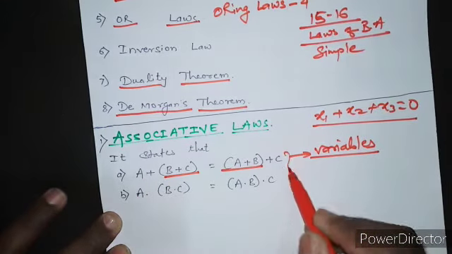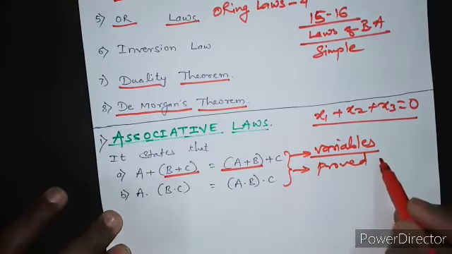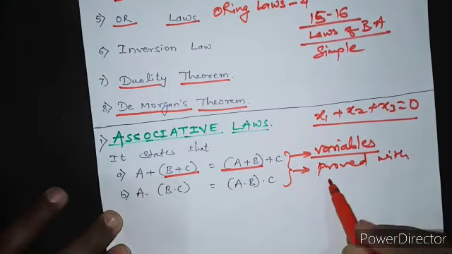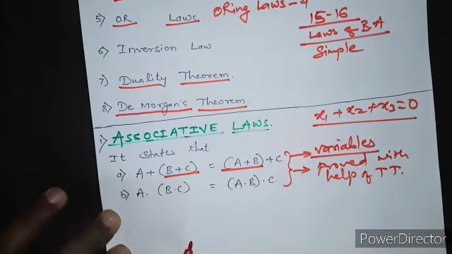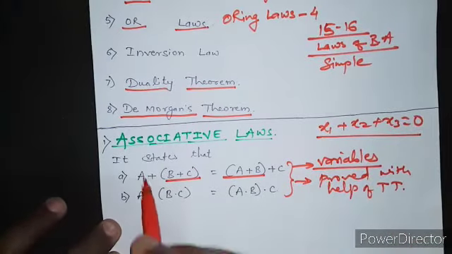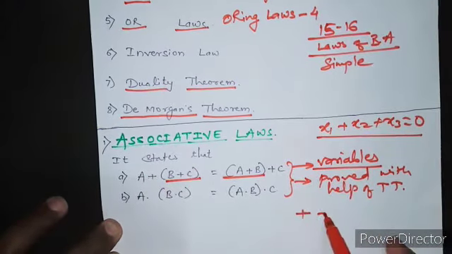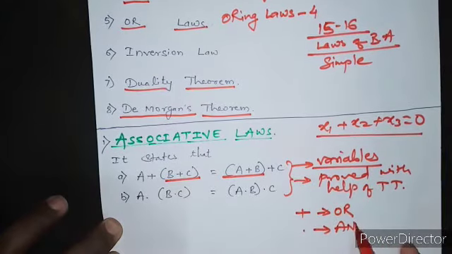And all the laws can be proved with the help of a truth table. Now here, as I said, plus represents OR operation and dot represents AND operation.